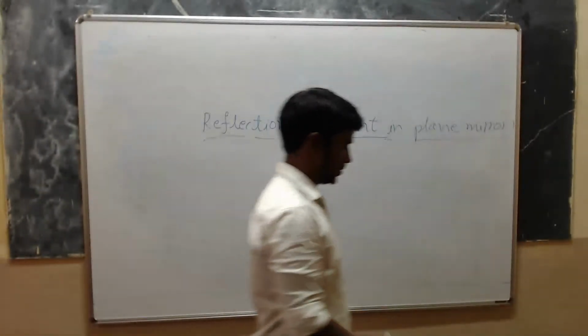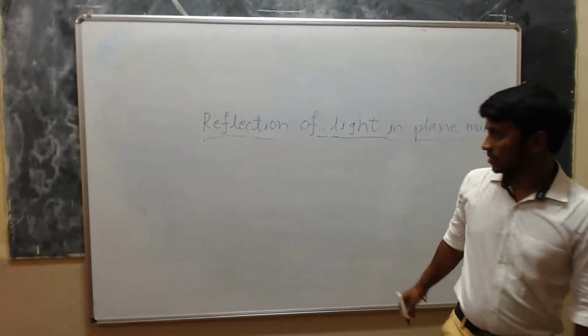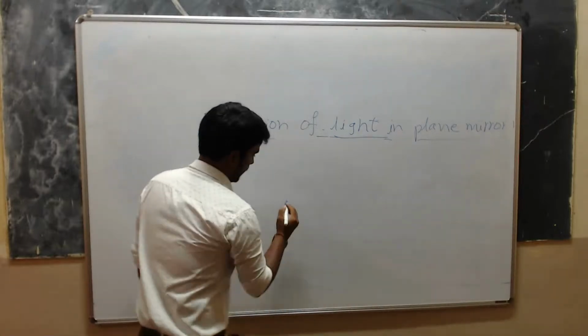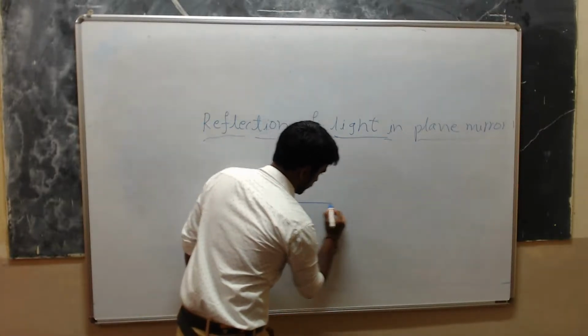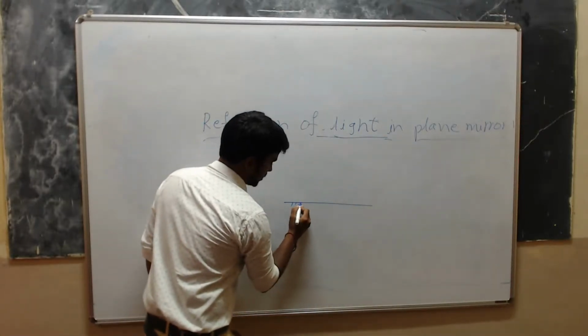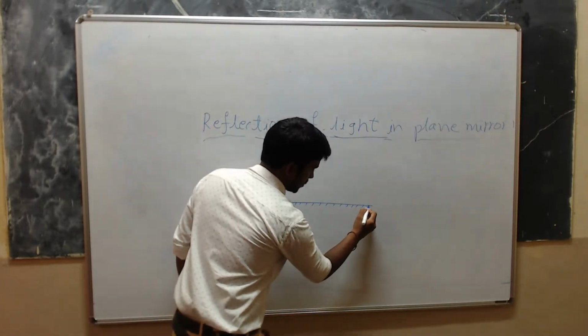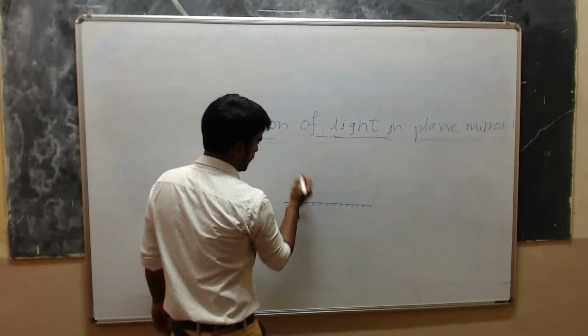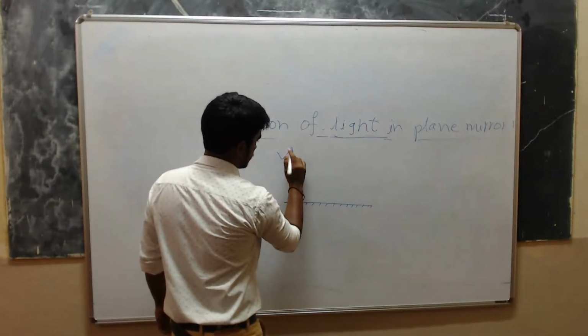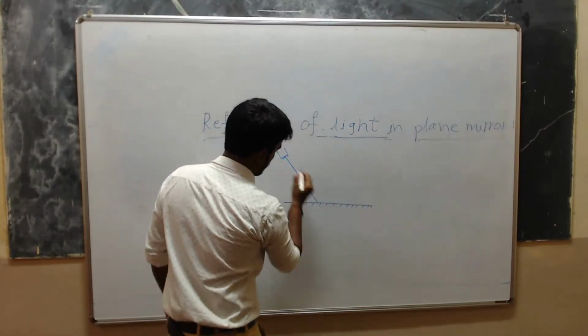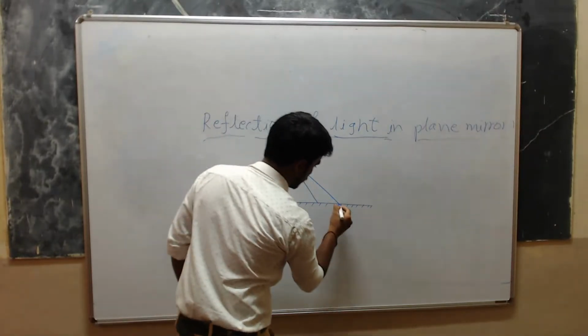So you studied reflection in your 8th standard. You studied the reflection of light in a plane mirror. First, I will draw the diagram. Just imagine this is the plane mirror. This is the source. See, I'm taking two incident rays.